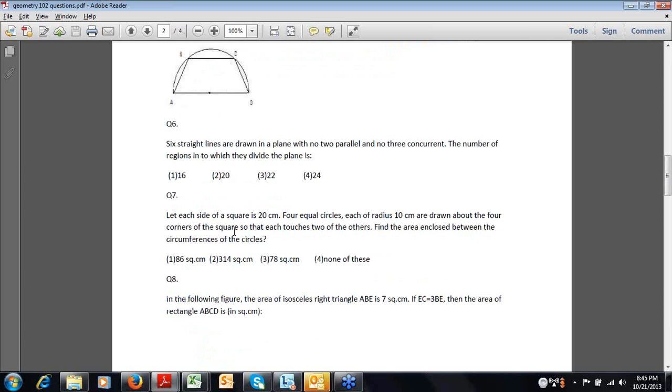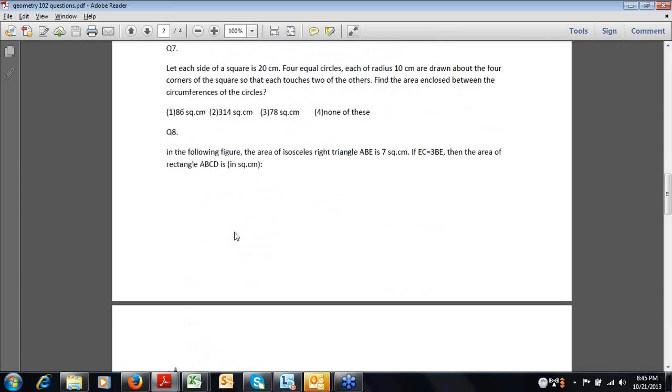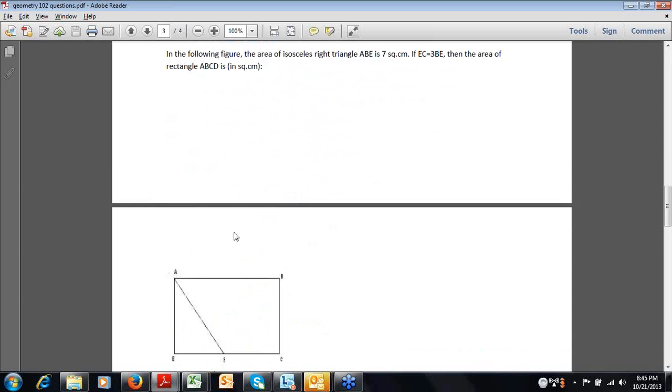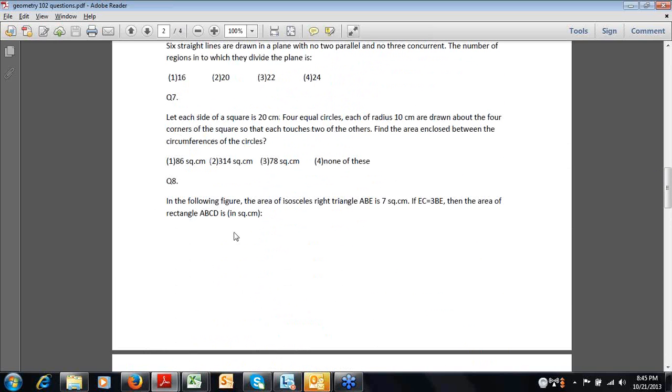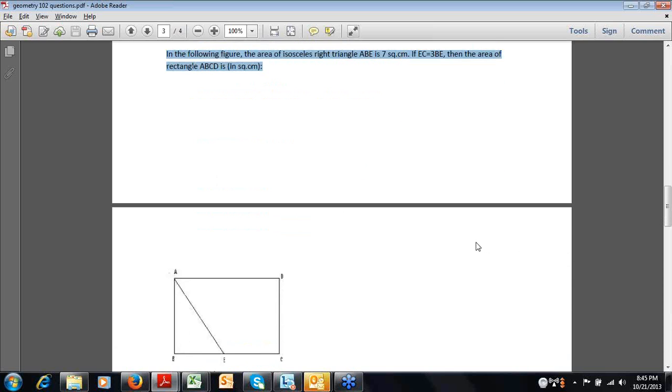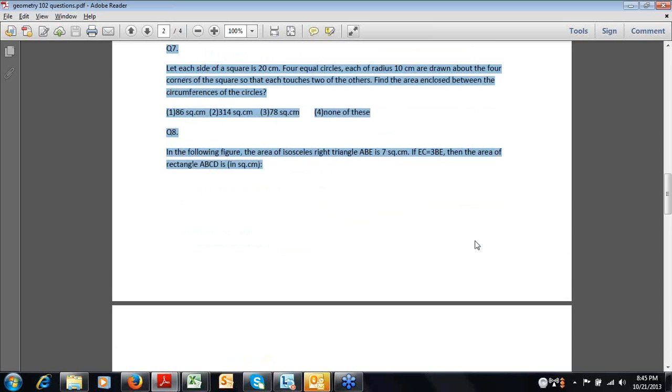Now question number 7 and 8. I'll give 5 minutes to solve these questions, so you can take a screenshot of these two questions.